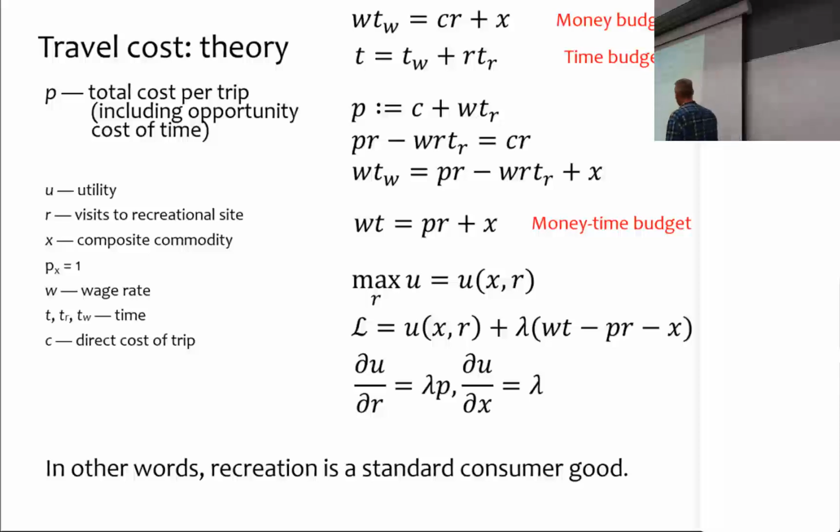This is the standard condition that we have. And what we have for du dr, that is our choice about how often we should go visit the park, is the first partial derivative of this thing is du dr, and then the first partial derivative of this thing is lambda t.